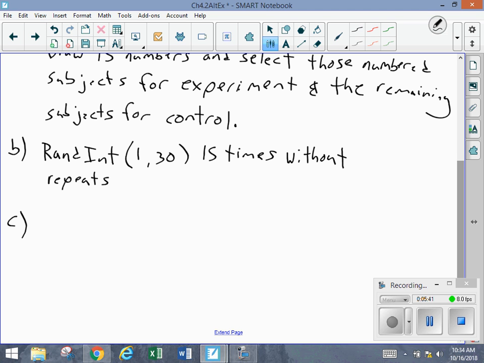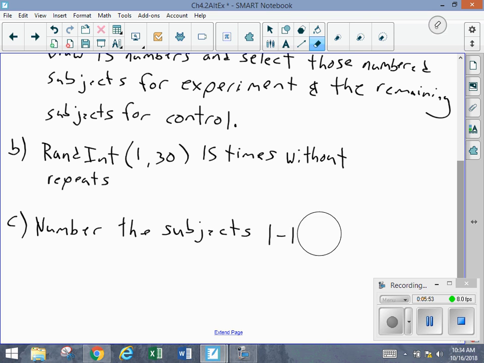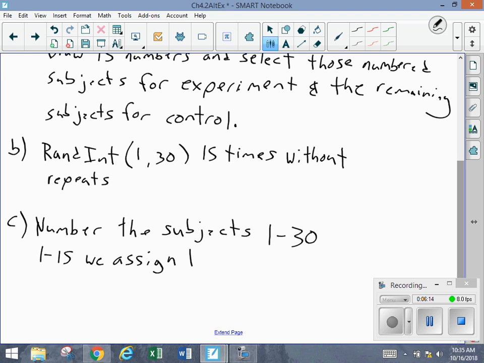So again, number the subjects. I'm just going to write that down. Number the subjects 1 through 30. And now we'll have to say, hey, 1 through 15, we'll assign to experiment.